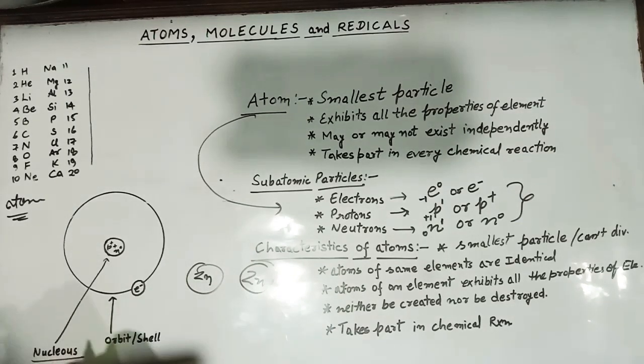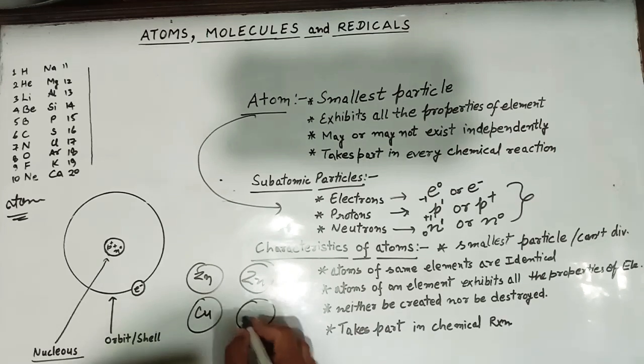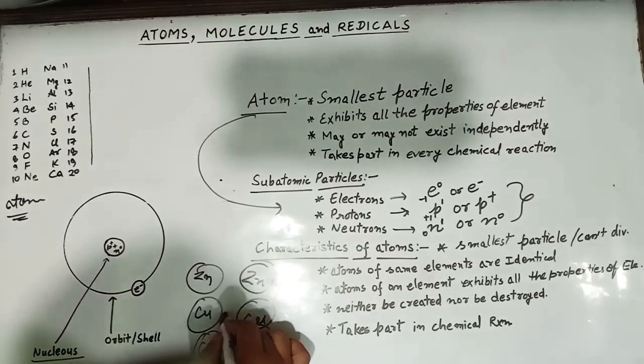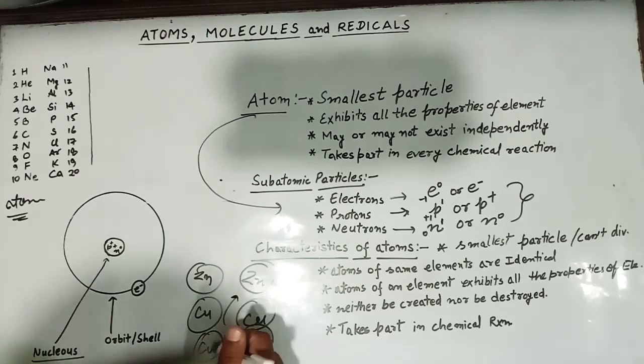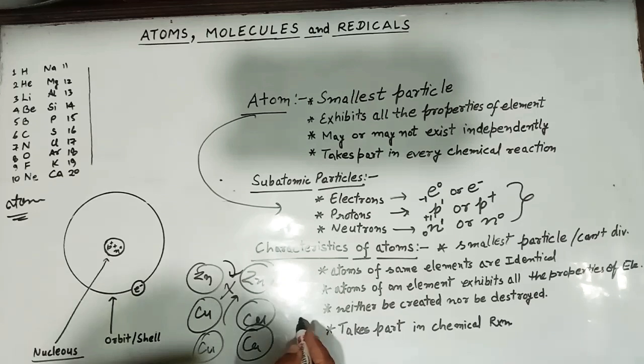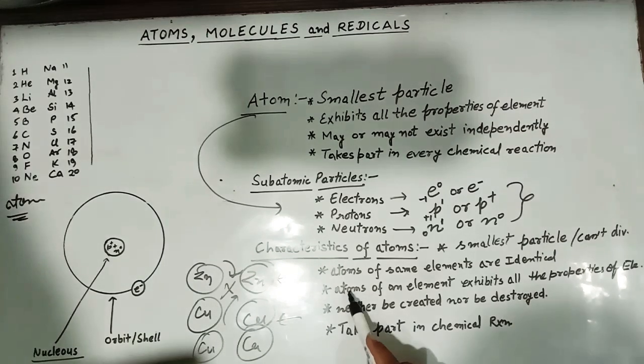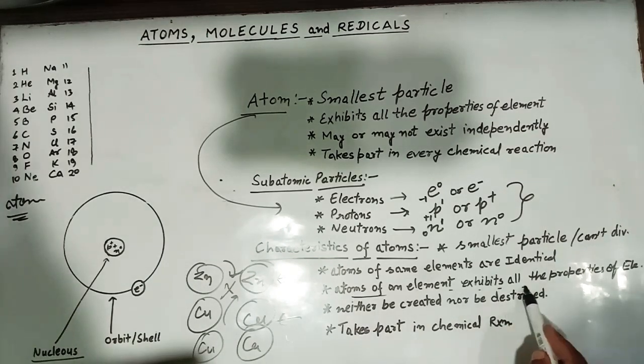But if the element is copper, then the atoms of copper will be identical, but atoms of copper can't be identical with atoms of zinc, meaning different elements have different kinds of atoms.